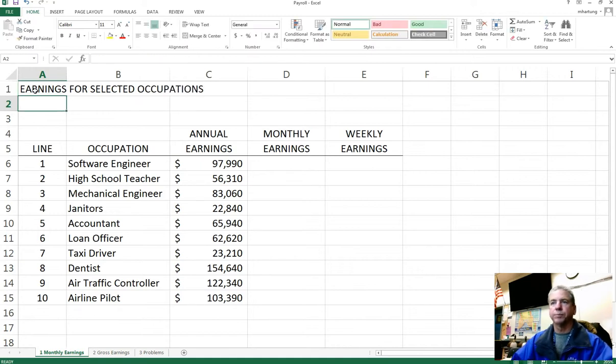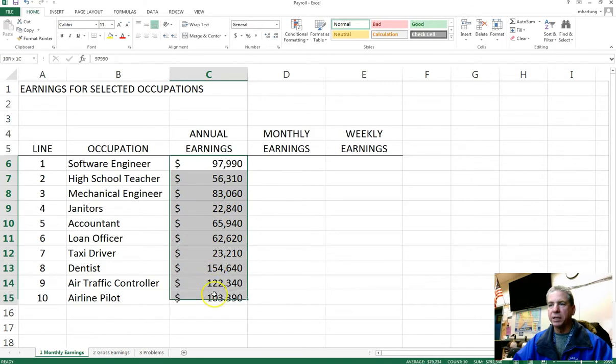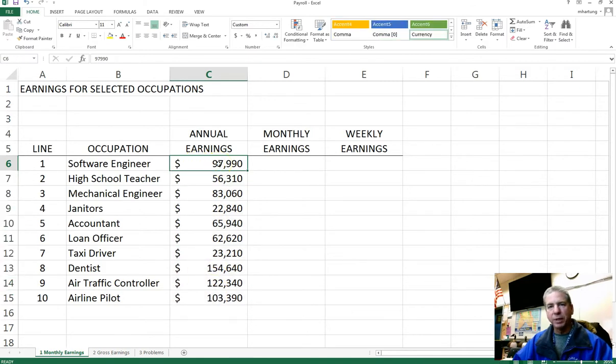We've got 10 of them here: software engineer, janitors, loan officers, and this is current data. These are what they call median incomes. Half the people in this field make above this number, and half make below this number. So this is the middle earnings level for this particular occupation.